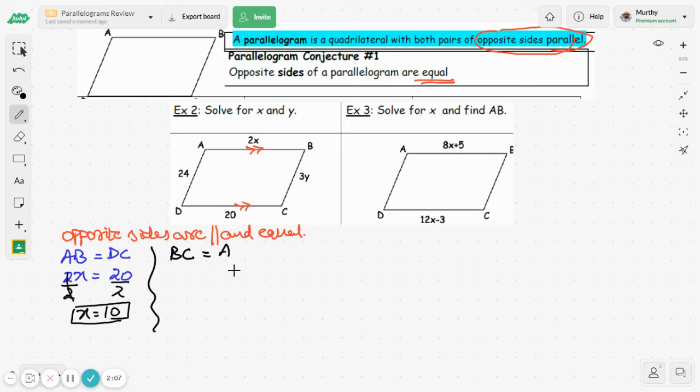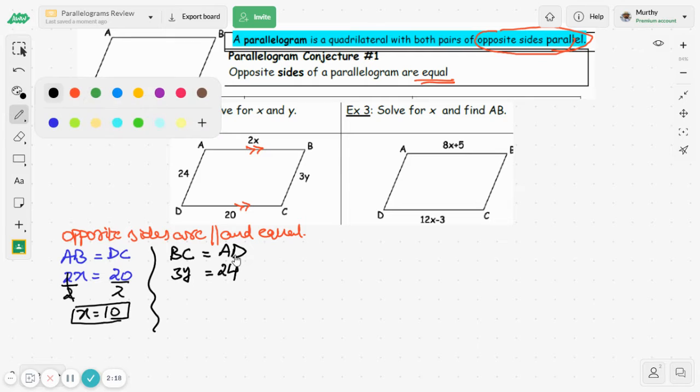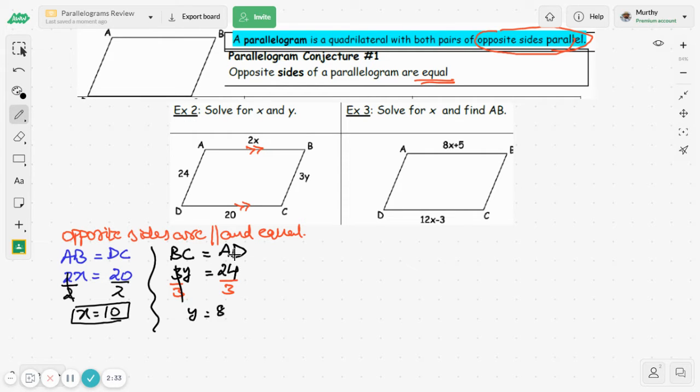Once again, I'm repeating that the opposite sides of a parallelogram are equal. Therefore, 3y equals 24. You know how to isolate the value of the variable. So 3 is multiplying with y, so let me divide on both sides. After the cancellation, y equals 24 divided by 3, that gives me 8.